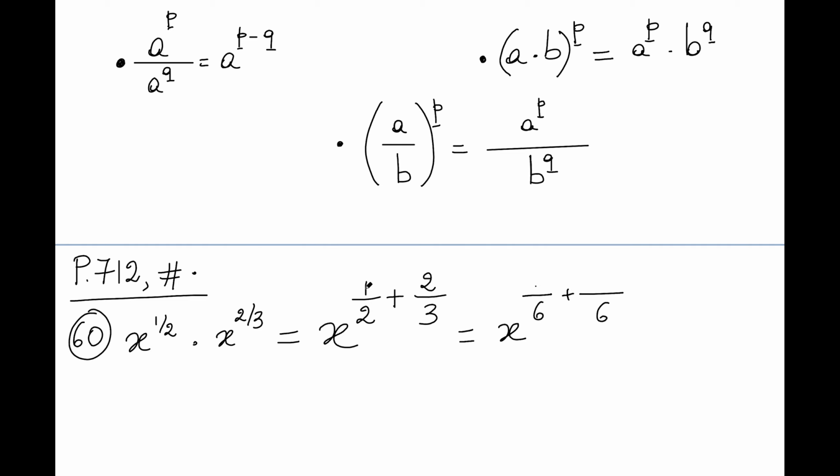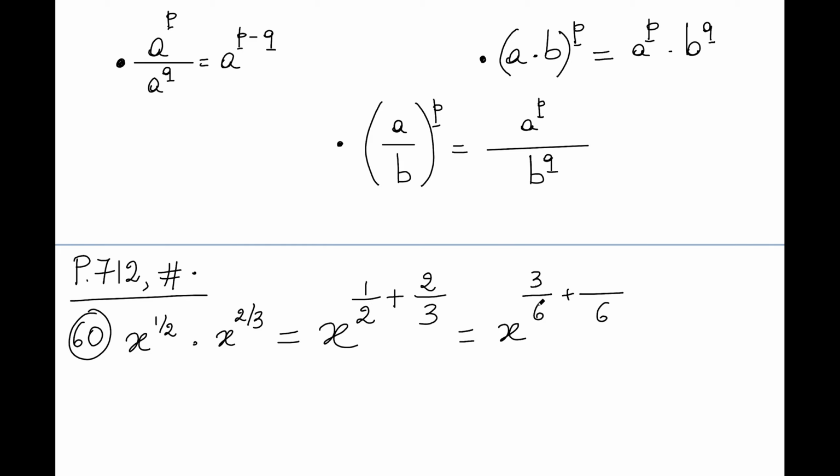So 1 times 3 is 3. 3/6 is the same as 1/2, but it's a different writing, yet equivalent, but it has that common denominator so that I can let them talk to one another here.